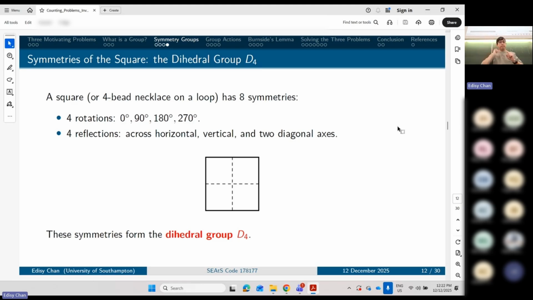This gives you a symmetry group called the dihedral group, D4. So we have 4 rotations and 4 reflections. You should be able to see it. Okay, so like this.